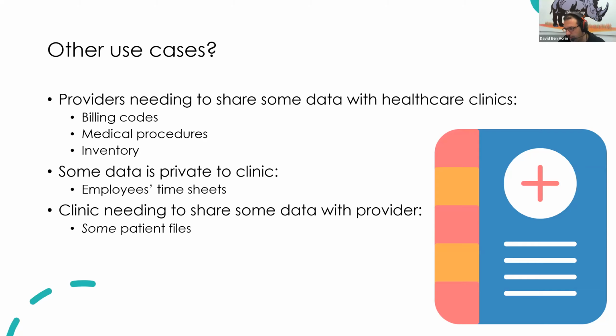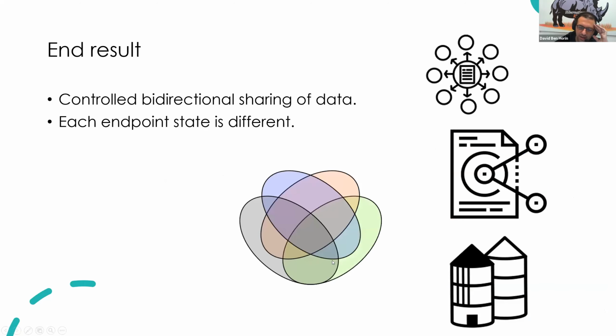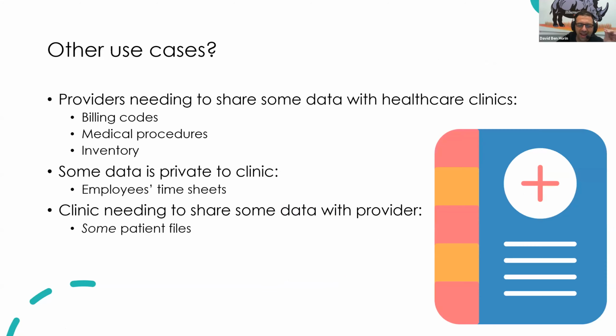me tomorrow, whatever. Now, try to imagine that in this sort of environment, you have a clinic that works with multiple providers and a provider that works with multiple clinics. So the association is many to many with regards to the filter of data. What we actually end up having is that this information is not going to end up the same across the board.